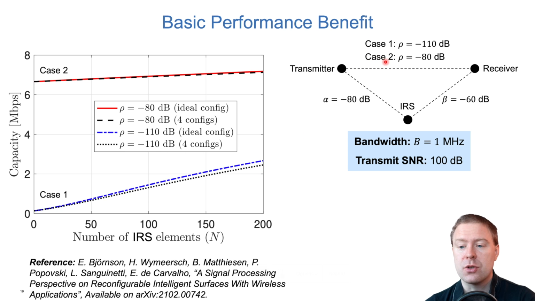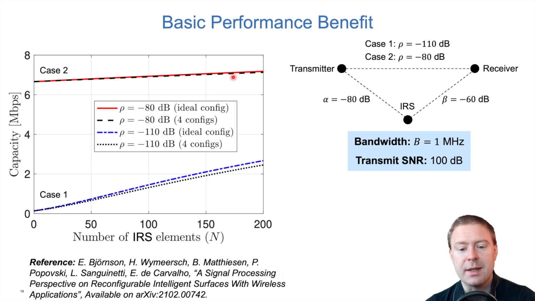If we have a strong, or semi-strong, direct path in case 2 here, then what we can see is that we already start at a rather high capacity value, and we see an improvement with the number of elements, but now we are not really seeing the n-square improvement because the direct path is rather strong.